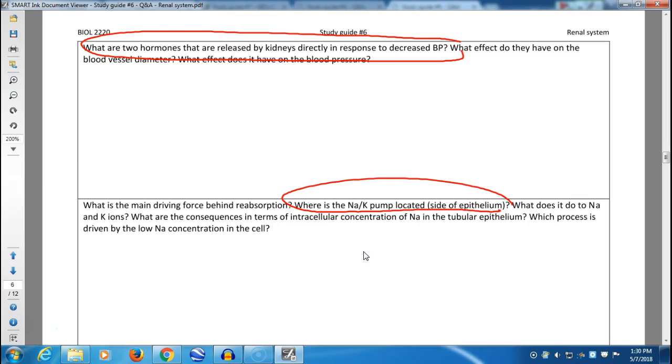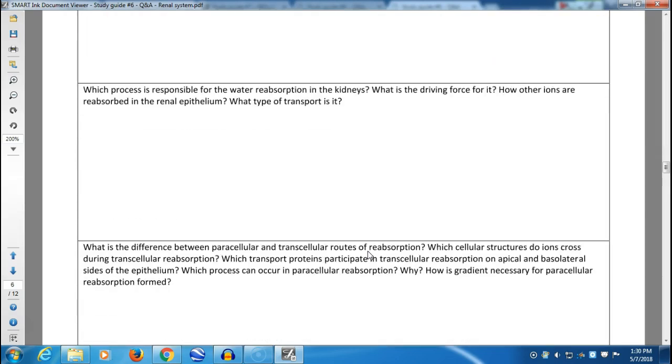So the consequences are, since sodium in the tubular cell is low, sodium diffuses in via the apical side of the tubular cells. Does that make sense? So this is the driving force, pumping out sodium on the basolateral side so that sodium can diffuse on the apical side.